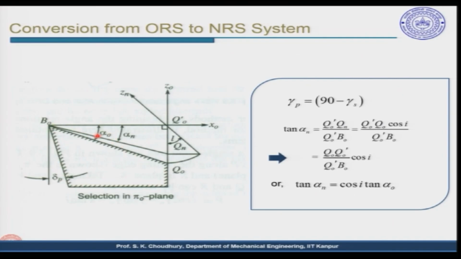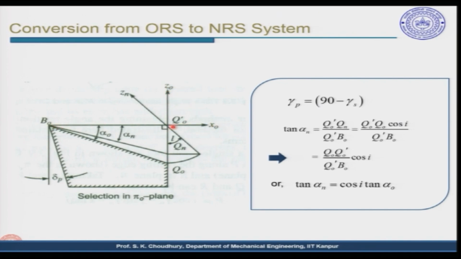So this is the angle which will be the orthogonal rake angle, and this will be the principal flank angle, because the tool is in the ORS. Now, this system is in the ORS, with Z0 and X0.